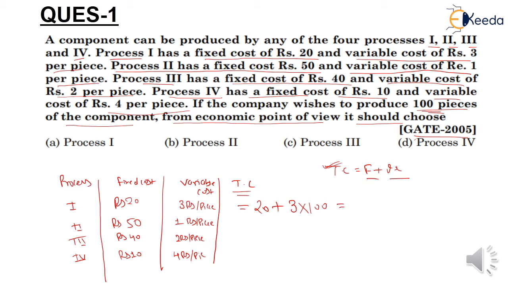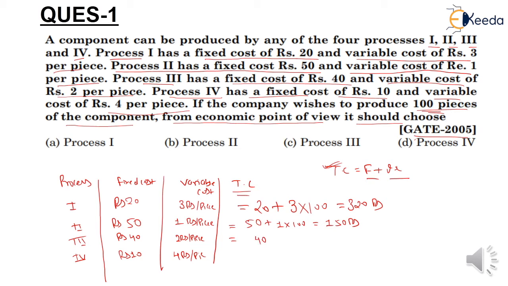Calculating this, 300 plus 20 is 320 rupees. And for process 2, the total cost is the fixed cost of 50 rupees plus the variable cost of 1 rupee per unit into 100 pieces, which is 150 rupees. And what is the total cost of the third process?